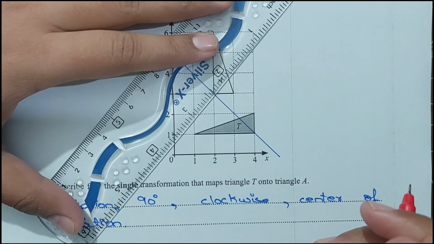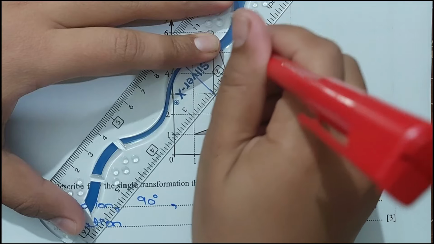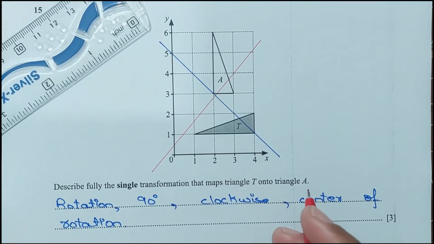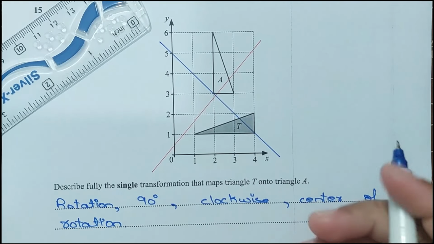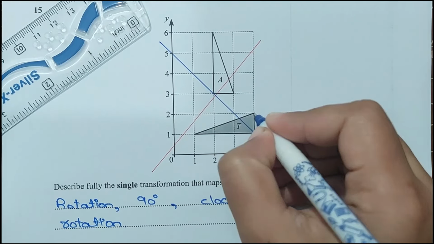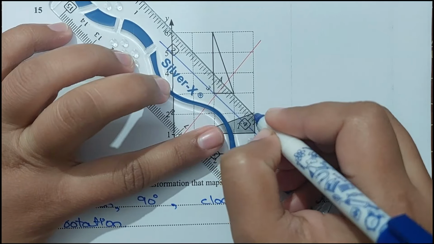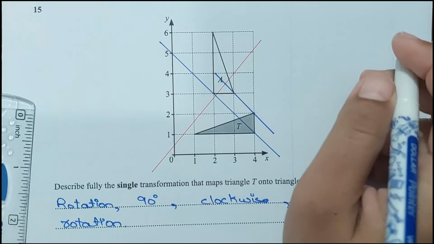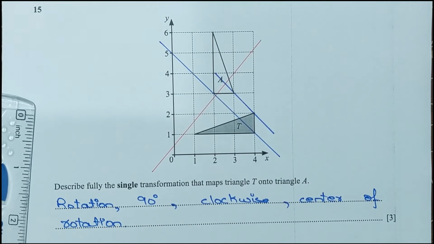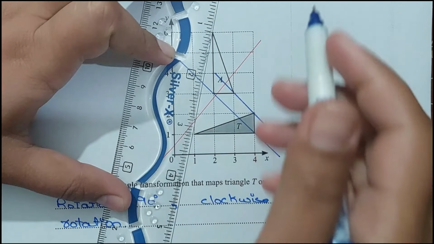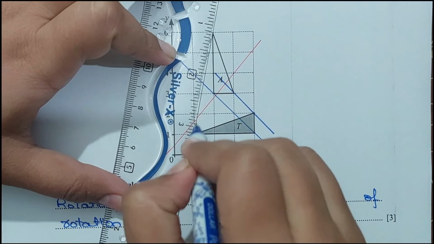I guess that is the perpendicular bisector, 90 degrees, right? Now connect the rest of the two. Let's say this is connecting with this side, and again find their perpendicular bisector. And the third vertex you have to connect as well.